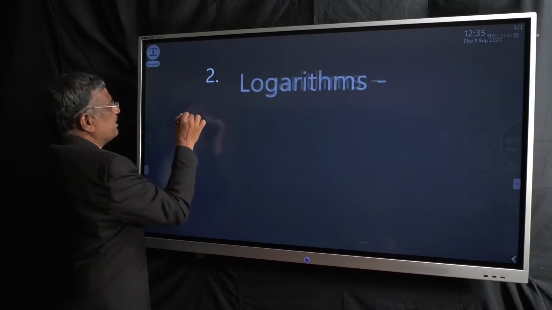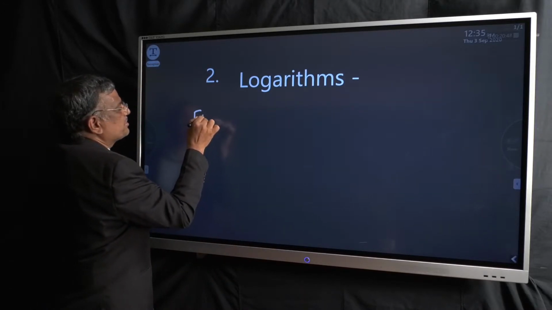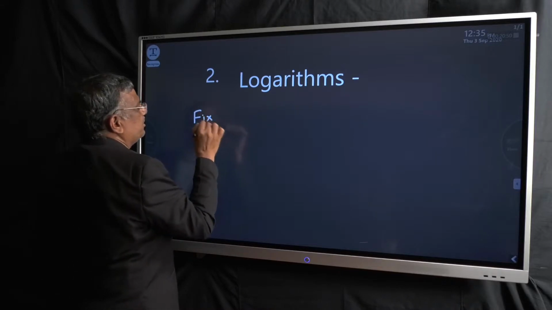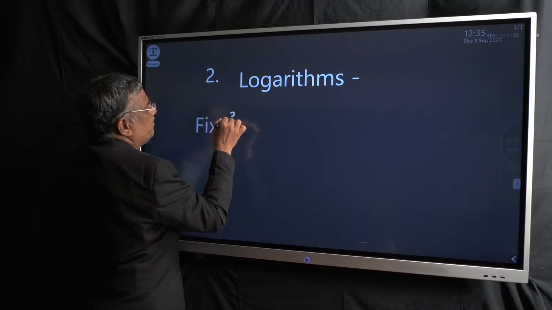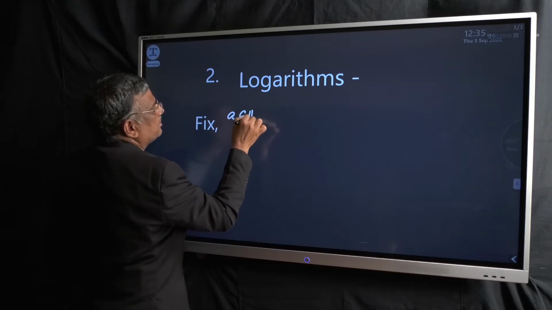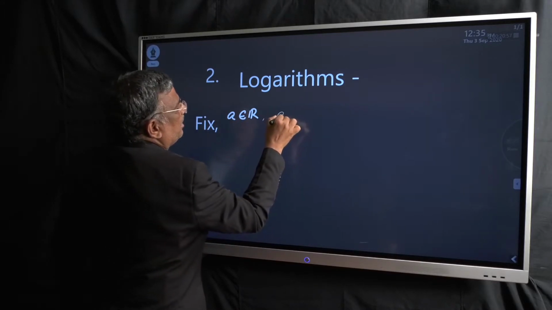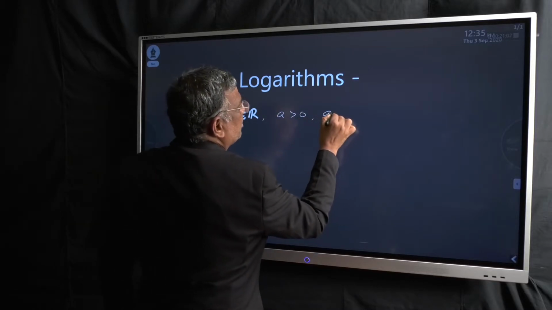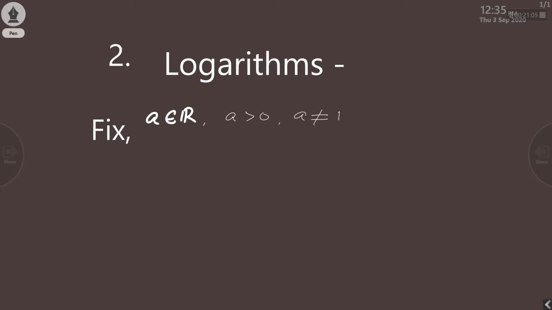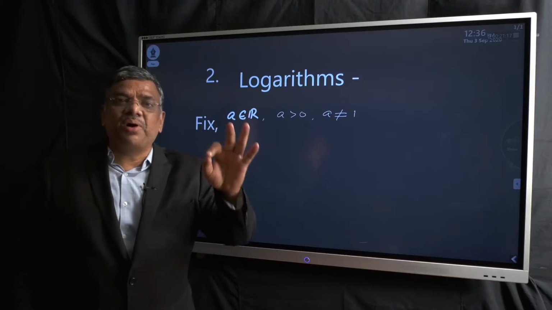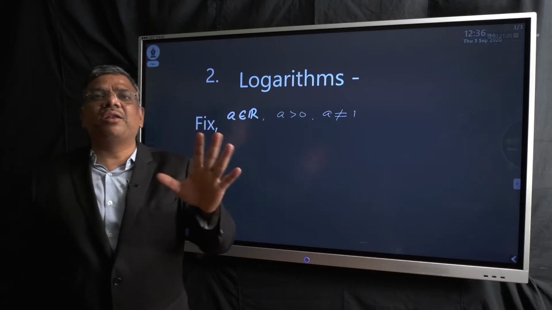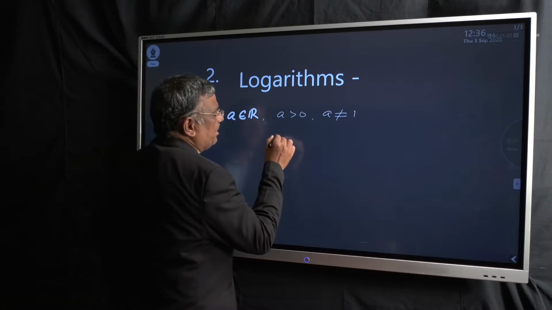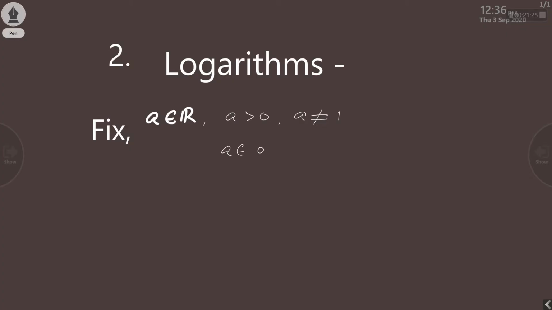So the first step is that you fix a positive real number, and it should not be 1. Means the possibilities of a are either 0 to 1 or 1 to infinity.